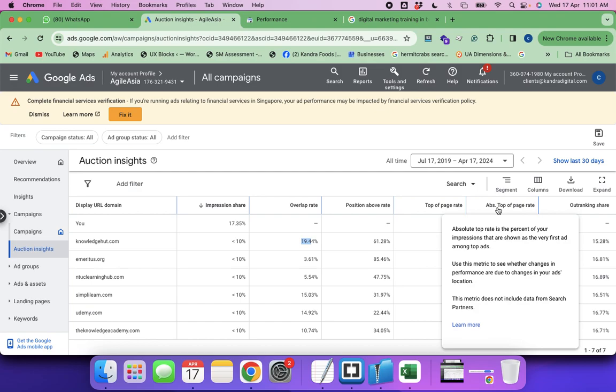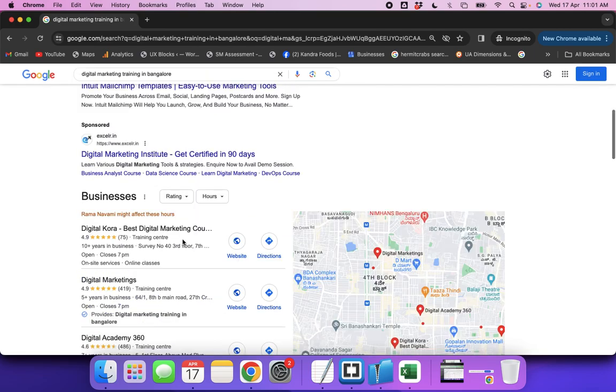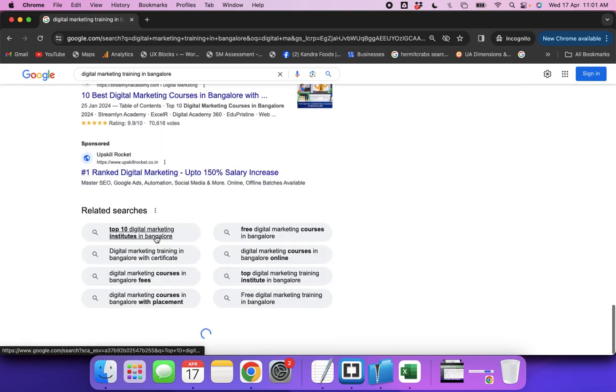Use this metric to see whether changes in performance are due to changes in your ad's location. So this is absolute top: how many times it was shown in the absolute top, and previous to that the top of the page rate. So you will be seeing ads like this as well, in different places.